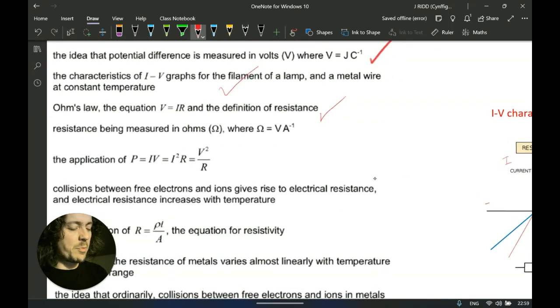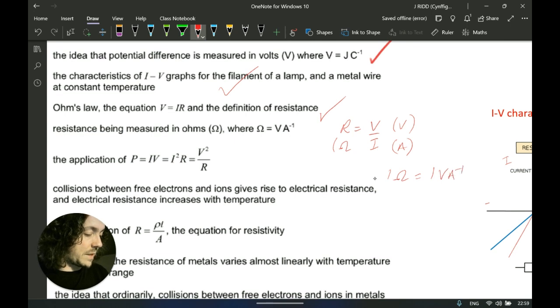Not much really to say. We pretty much did that just now, because if R is equal to V over I, and R is measured in ohms, voltage in volts and current in amps, then 1 ohm is equal to 1 volt amp to the minus 1. That's all that is.